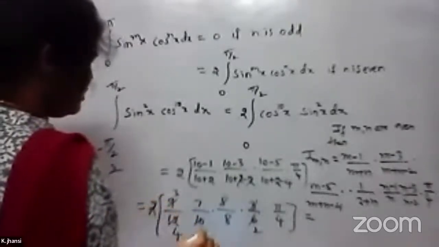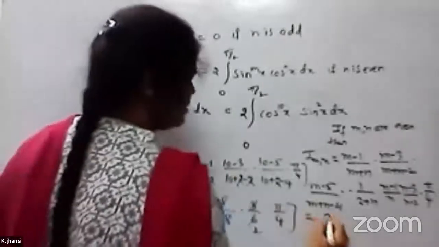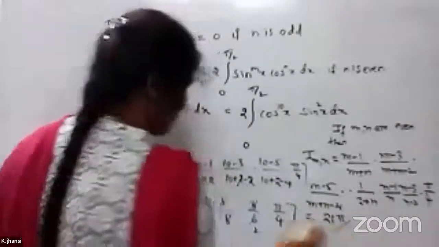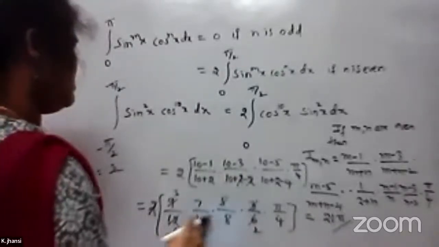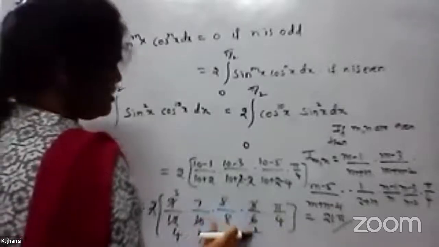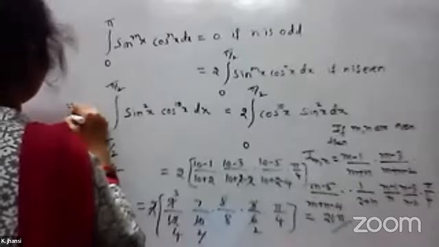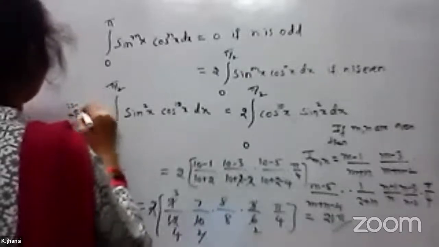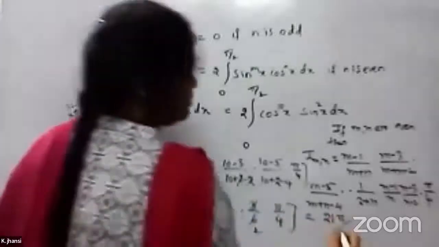So this 2 and this 2 will get cancelled. 3 7s are 21 pi by 4. 4 4s are 16, 16 2s are 32, 32 into 8, 8 2s are 16, 8 3s are 24, 256.